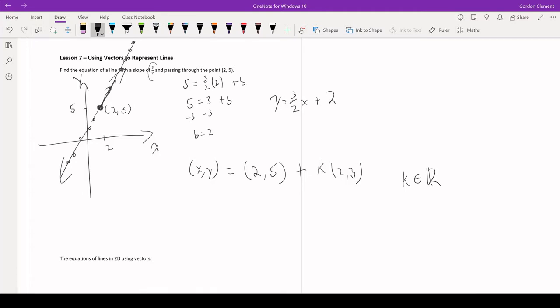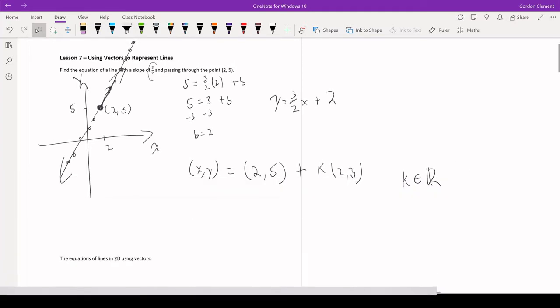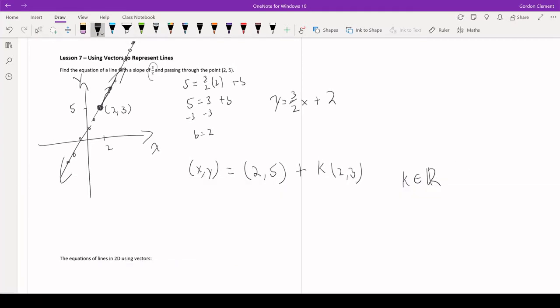So for instance, if x equals 10, then 3 over 2 times 10 would be 15, plus 2, so we'd get that the point (10, 17) is on the line. I would get to (10, 17) by adding, so k would have to be 4, right? 2 plus 4 times 2.